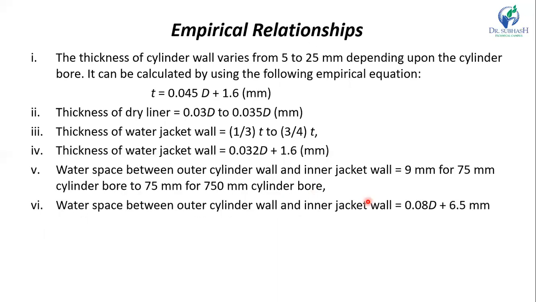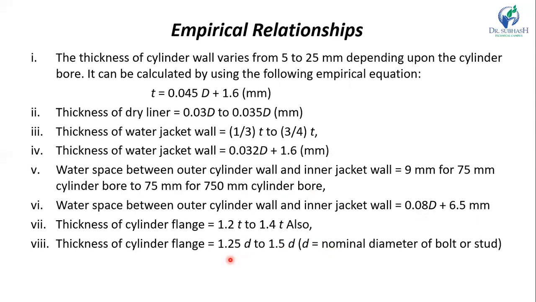Then the water space between the outer cylinder wall and inner jacket wall in terms of diameter is 0.08 D plus 6.5 millimeter, and the thickness of cylinder flange is equal to 1.2 T to 1.4 T. Also, the thickness of cylinder flange is 1.25 d to 1.5 d, where small d is the nominal diameter of the bolt or stud.